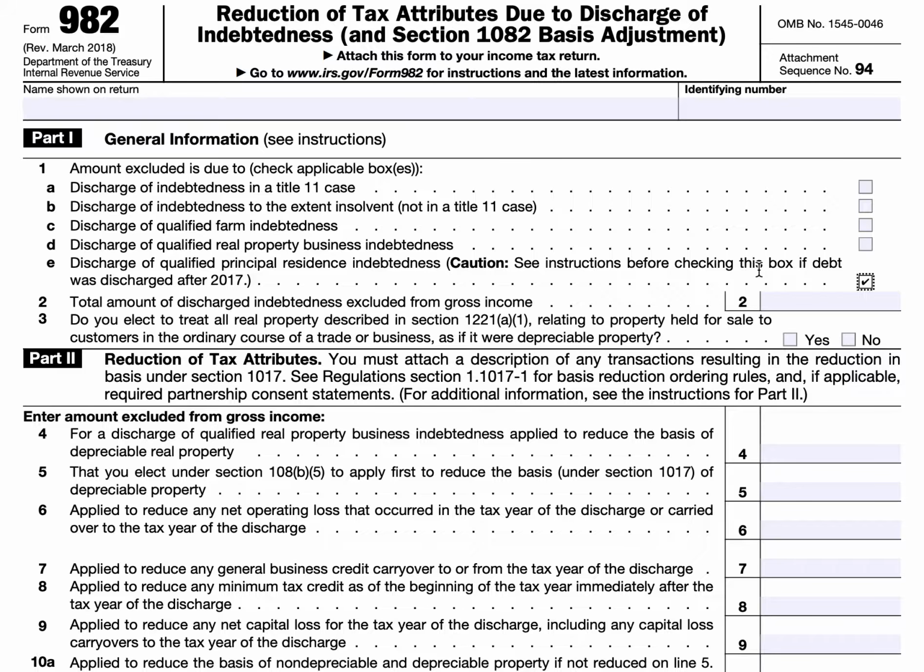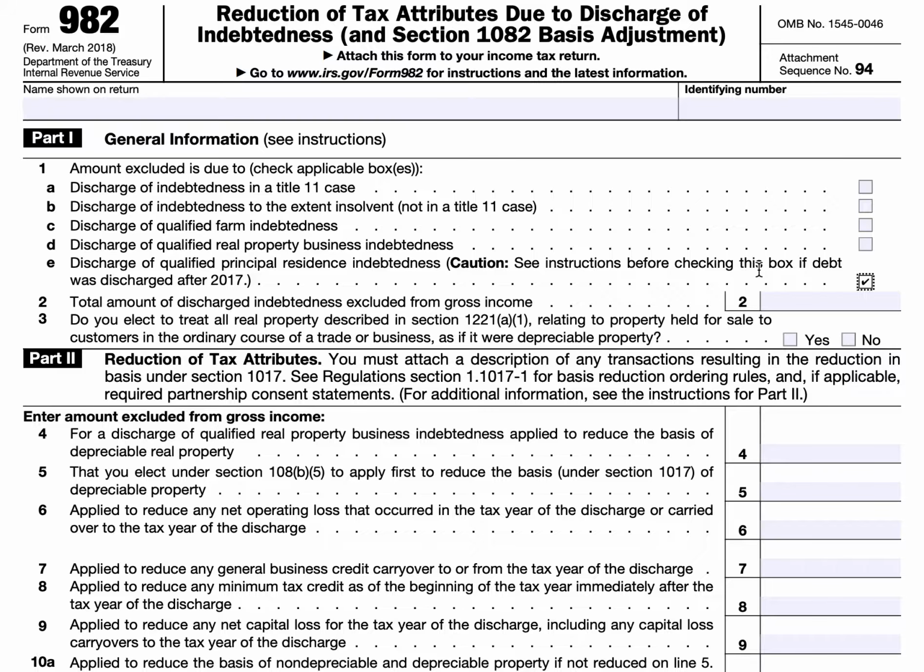If you remember, before the Tax Cuts and Jobs Act, people used to take out mortgages and home equity lines of credit for much more than their home's value, and then they would be able to legitimately take a mortgage interest deduction for mortgages that ended up paying off credit card debt or car loans.